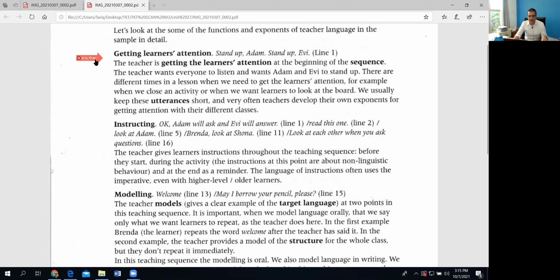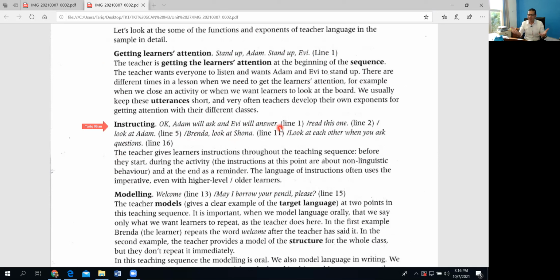Next is instructing. Now, instructions are given on how they have to do a particular act. Okay, Adam will ask and Eve will answer. Line 1, that is instruction. Now, this is what they will be testing you. Like when the dialogue is there, teacher says this, it comes under what? Is it instruction?